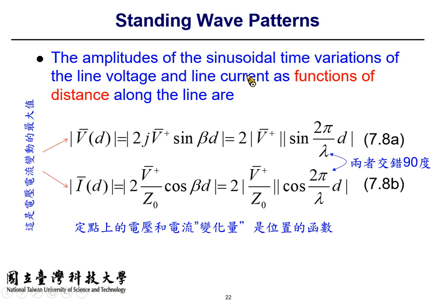And note that in this slide, we see the absolute values of the voltage and current are 90 degrees out of phase. So you know that for a transmission line with complete standing wave, there is some energy on the transmission line, but it is not delivered. The energy does not propagate to the right or to the left.